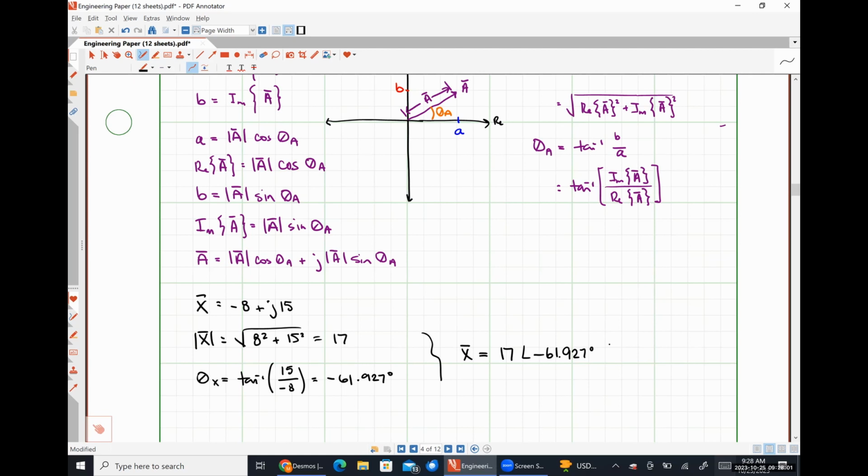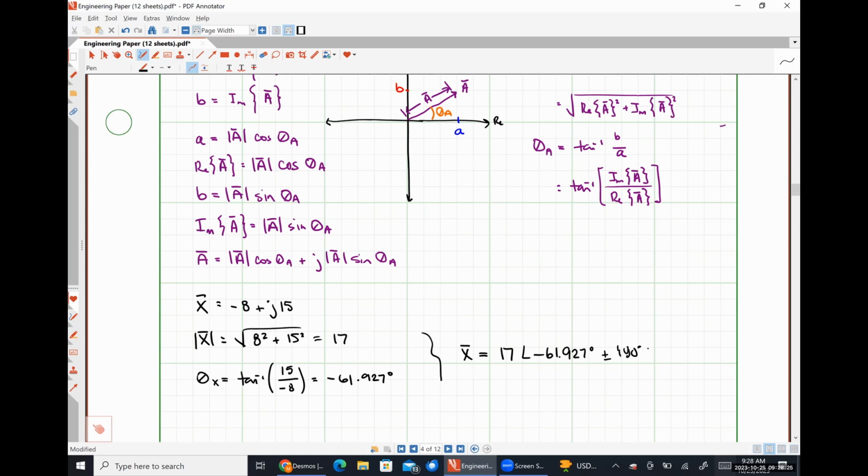Since our complex number lies in quadrant 2, we actually need to add plus or minus 180 degrees to this in order to make it correct if we do it by hand. So here's a thought. Let's never do it by hand.